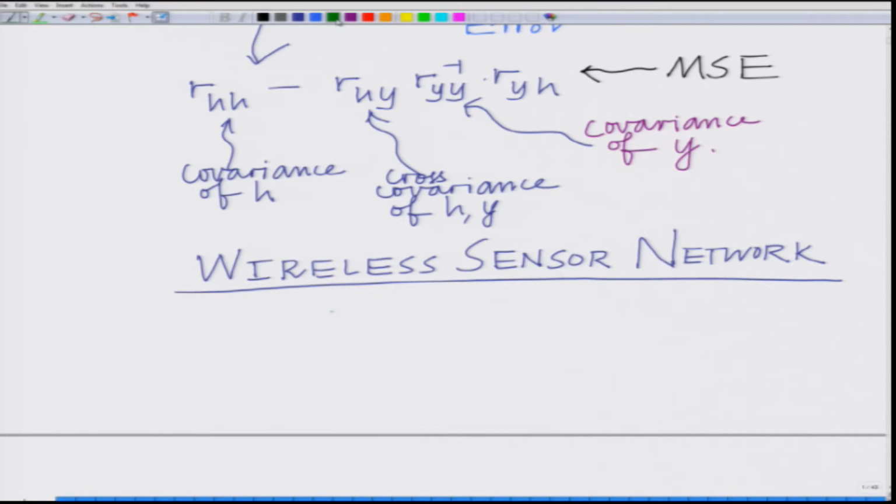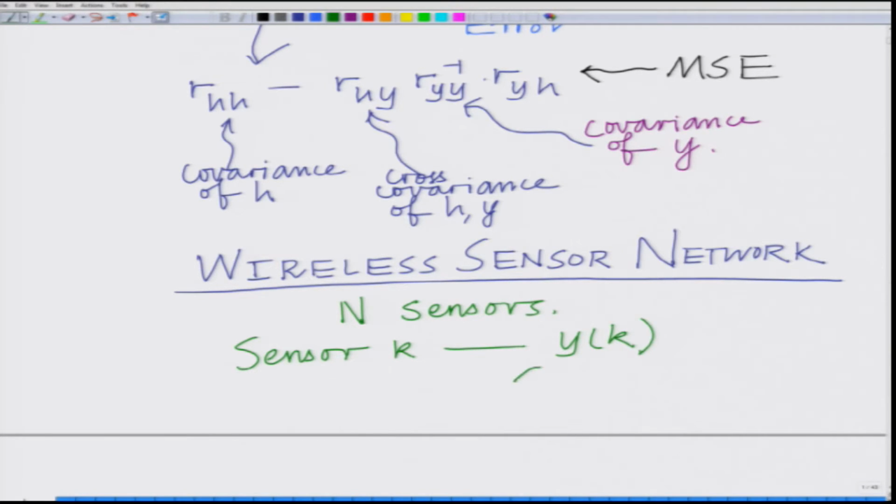Remember, in the wireless sensor network, we are considering a scenario with n sensors, where sensor k sends the measurement y of k. This is the measurement y of k.